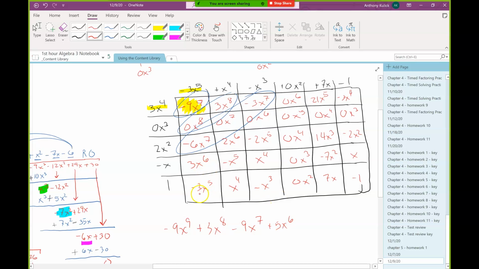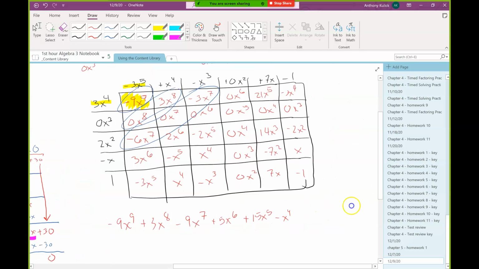Again, we're adding, so negative 3, negative 1, negative 2, 0, and 21 gives me 15x to the 5th. And then 1, 1, 0, 0, negative 3 gives me negative 1x to the 4th.